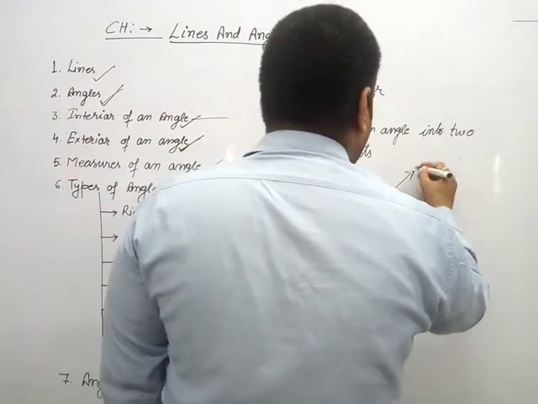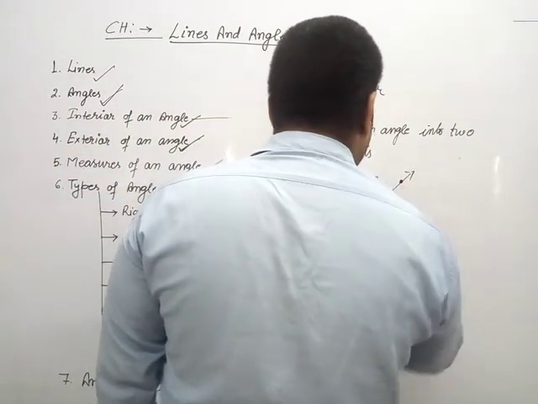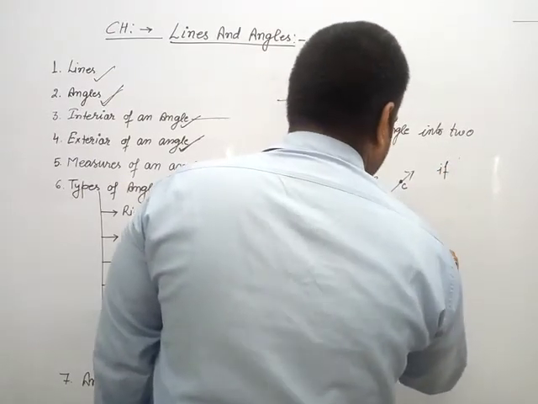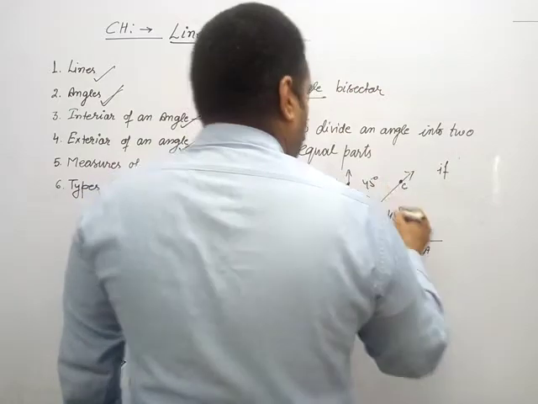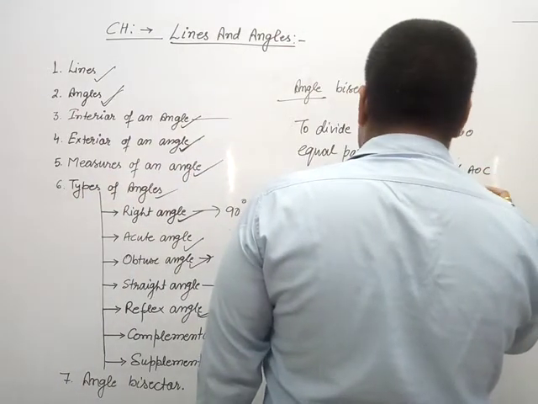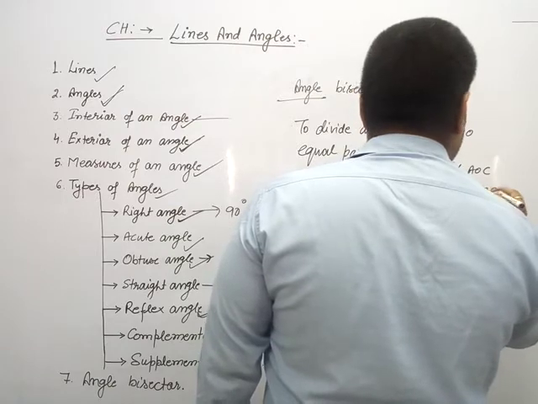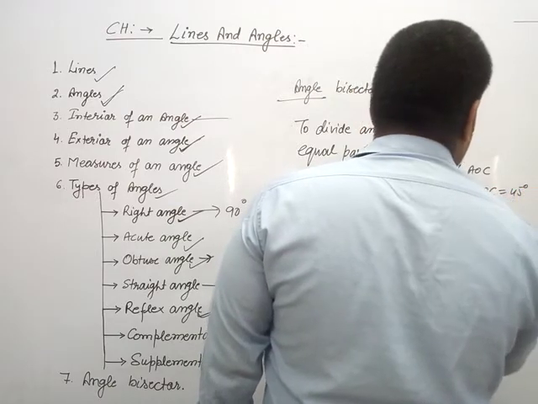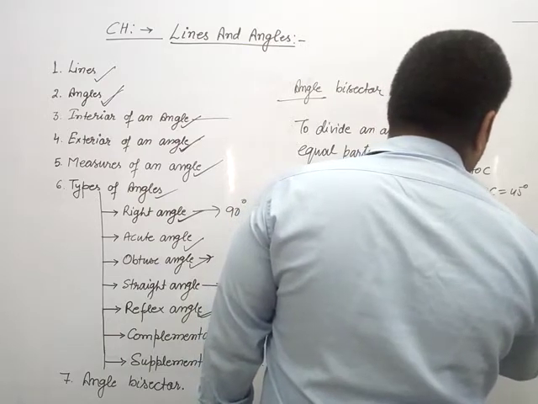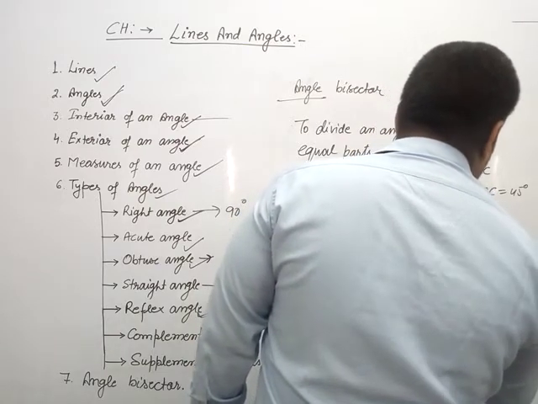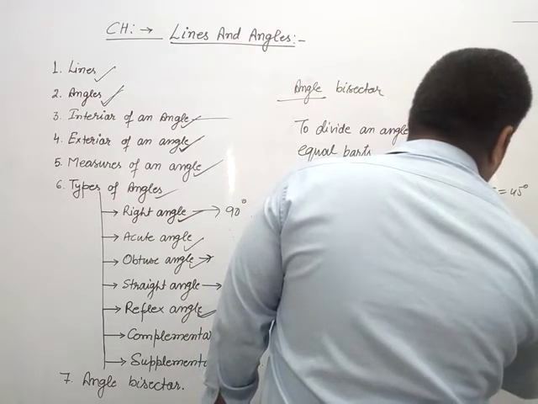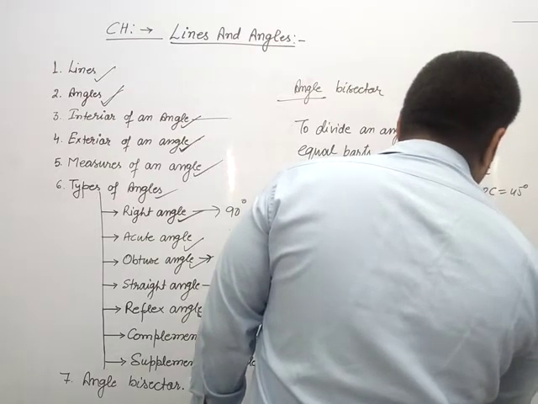So I can say that this ray OC, if angle AOC is equal to angle BOC, equal to 45, then ray OC is called the angle bisector.